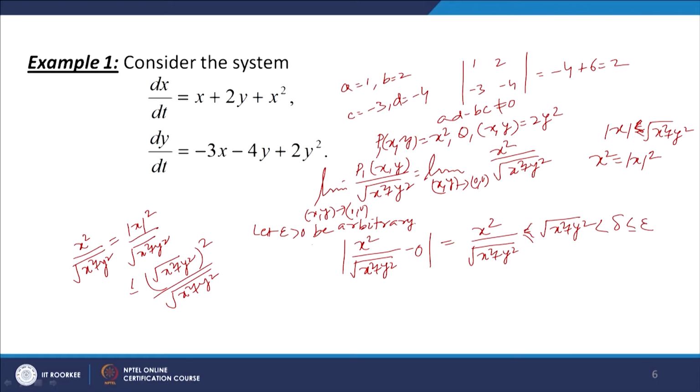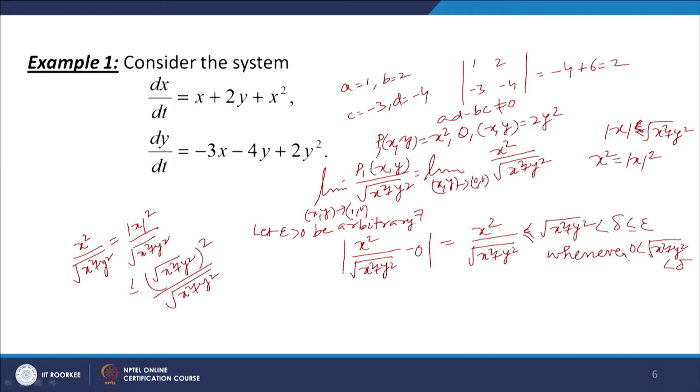So, what we do is let epsilon be greater than 0, then the modulus of x squared upon the square root of x squared plus y squared minus 0 can be made less than epsilon whenever 0 is less than the square root of x squared plus y squared less than delta, and delta is to be chosen less than or equal to epsilon.